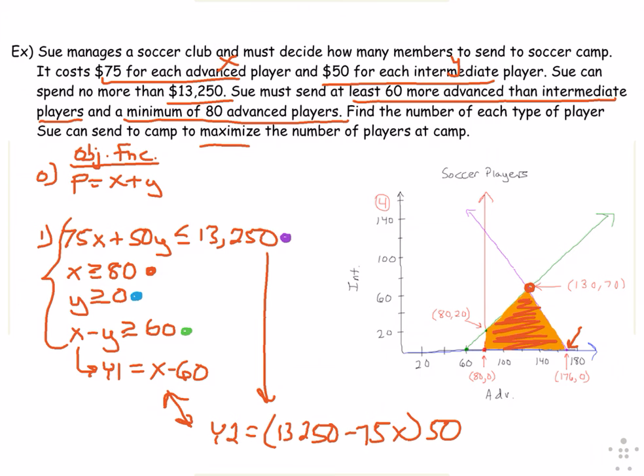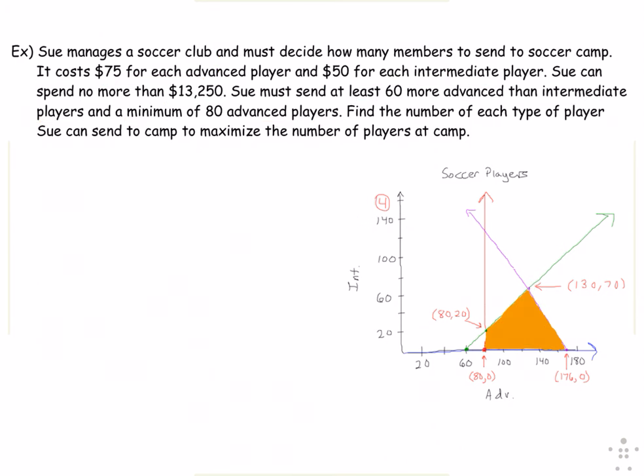So in order to help me do that, I'm going to clear this screen and make some room. So those vertices I have listed here, and now I need to substitute those into the objective function. Instead of using a table this time, I'm going to show you what a bivariate function looks like.